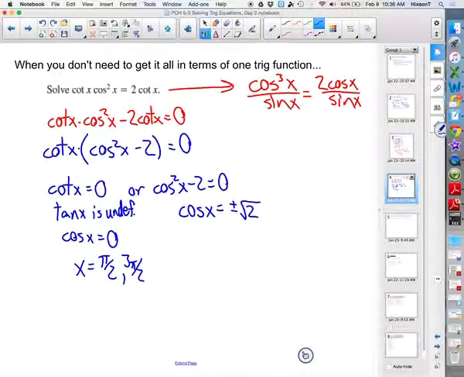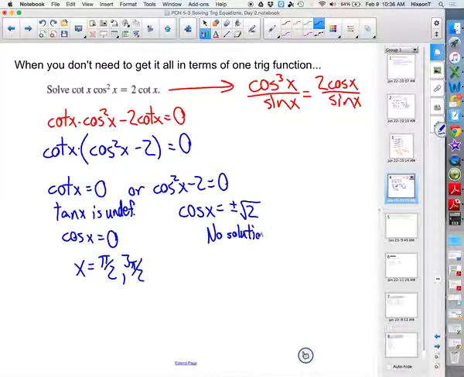Come on, there's actually a clearer answer here. How come there's no solution? You're right, there's no solution. There's no more solutions to this part. But why?